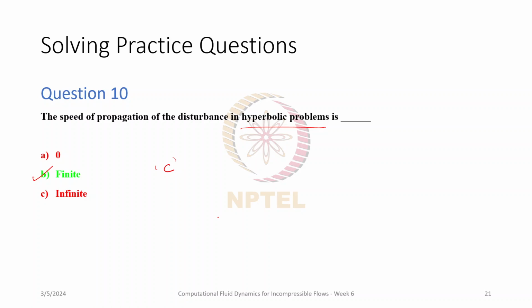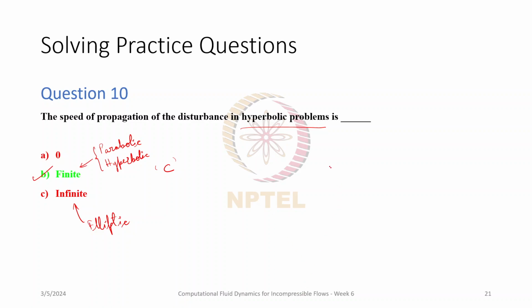So for elliptic, it's actually infinite. But for both parabolic as well as hyperbolic problems, the disturbances propagate with a finite speed.